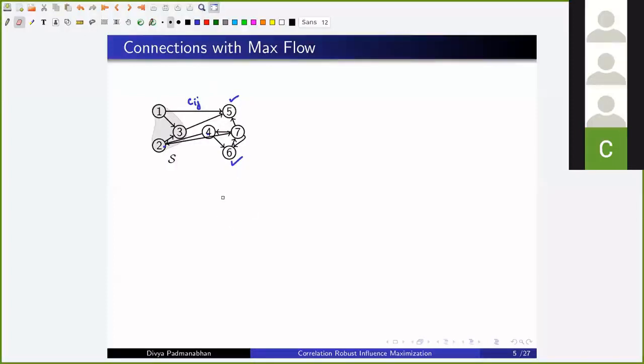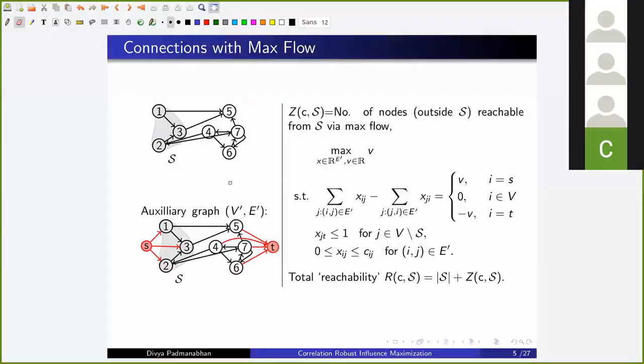Okay, so how do I compute this value? How do I get the total number of nodes that are reachable from S? It turns out that here is where a max flow problem helps out. So what I could do is add these auxiliary nodes S and T, and add intermediate connections from S to every node in the seed set and from every other node to T. Then I can just solve a max flow problem.